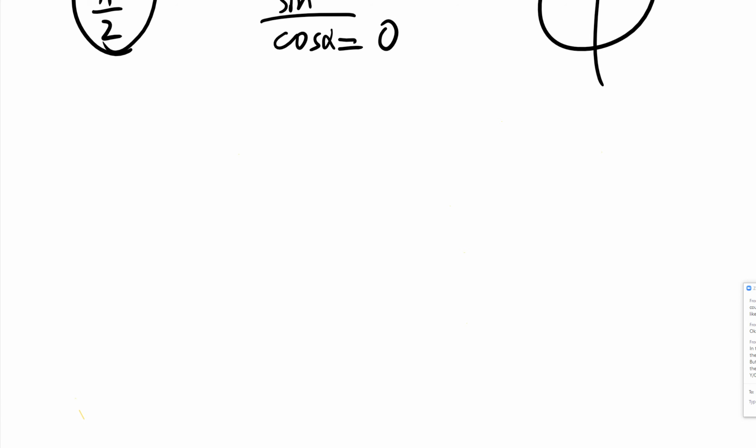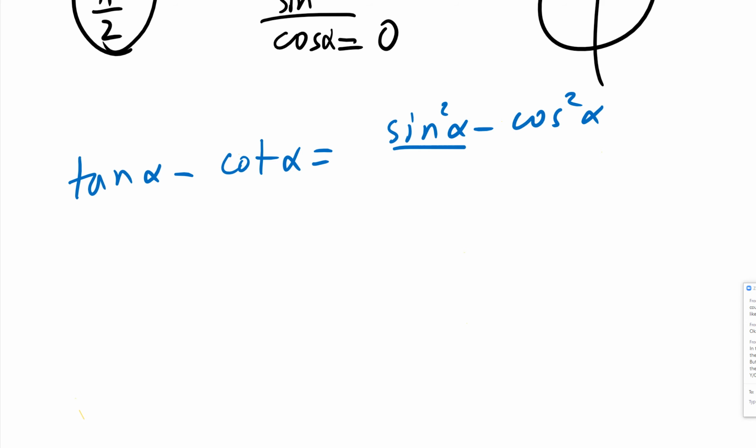Maybe let's try to pick an example about proving tangent alpha minus cotangent alpha equals sine square alpha minus cosine square alpha over sine alpha cosine alpha. To start with something like this, there are many ways to do this.